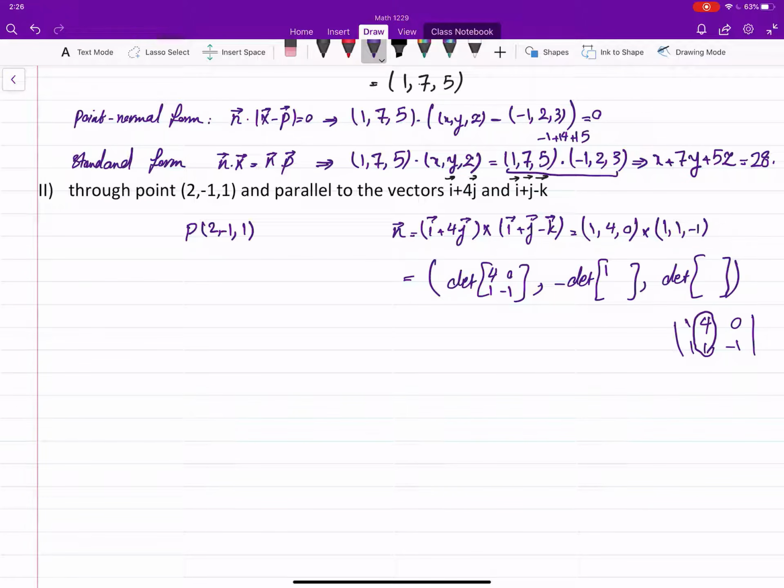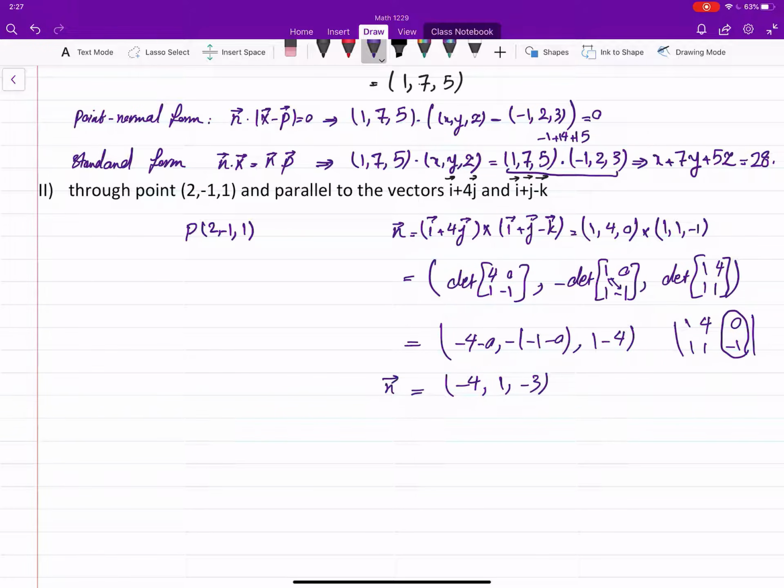You get 1, 0, 1, -1. And ignore the third column. We get 1, 4, 1, 1. Well, find the determinants. The determinant of a 2 by 2 matrix, diagonal entries here gives -4 minus 0. Over there it is -1 minus 0. Over there it is 1 minus 4. And that gives us a normal vector.